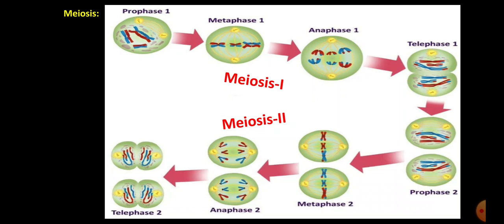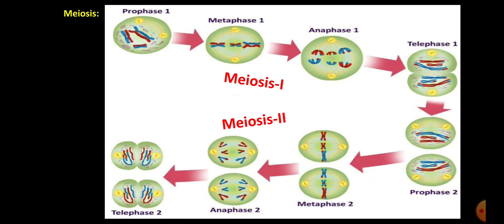Okay. So now meiosis 1 is also divided into prophase 1, metaphase 1, anaphase 1 and telophase 1. Similarly, meiosis 2 is also divided into prophase 2, metaphase 2, anaphase 2 and telophase 2.